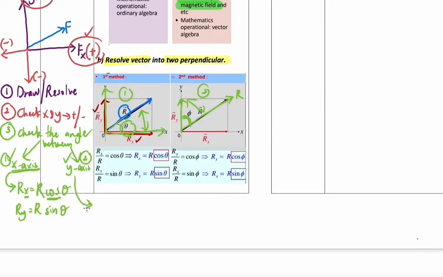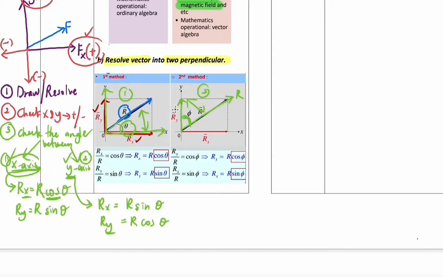Kalau dia dekat y-axis, sekarang it's at the y-axis. So kalau y-axis, rx akan jadi r sin theta, and ry akan jadi r cos theta. So if it's dikepit between the x-axis, x akan jadi cos, y akan jadi sin.